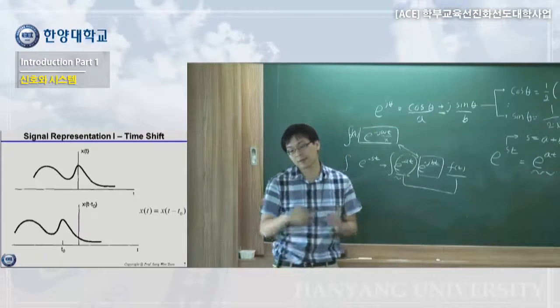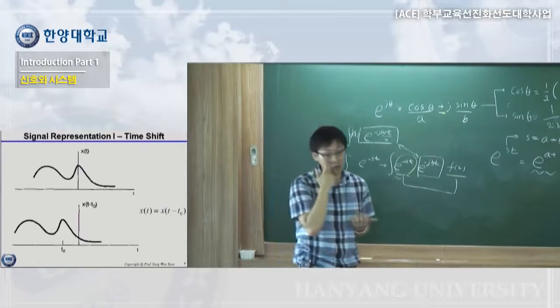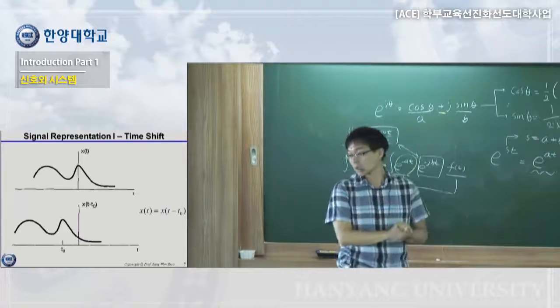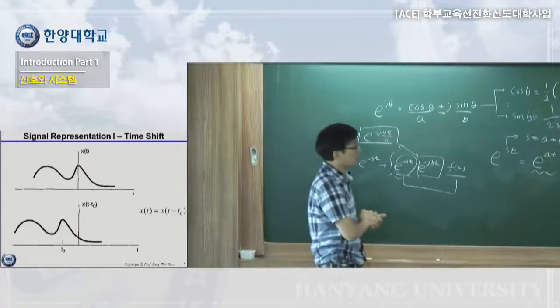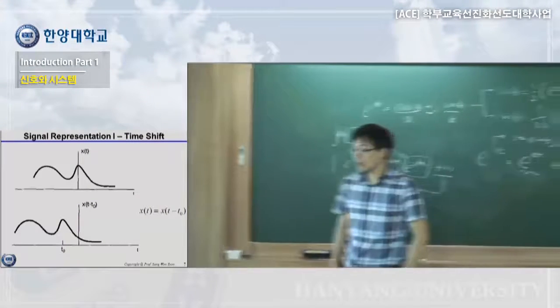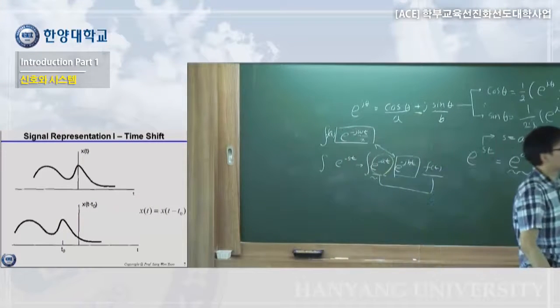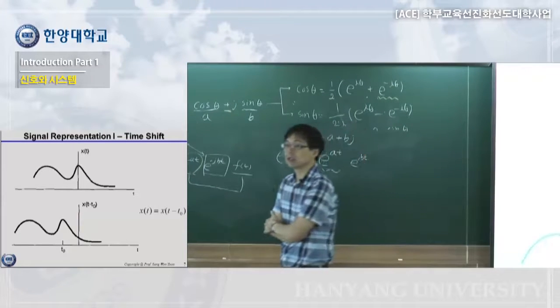So let's have several representations of signals. The pictures used here come from the book, so we have a copyright over there. Say this is our original signal, x(t). If you have x(t minus t0), how does that look?